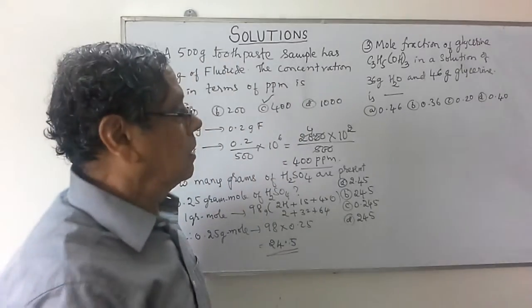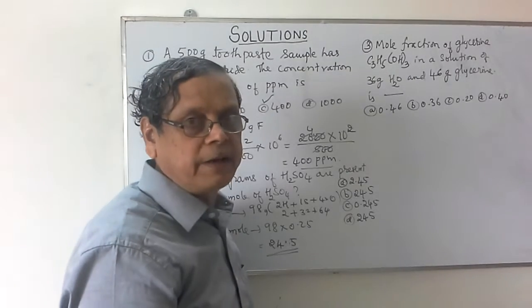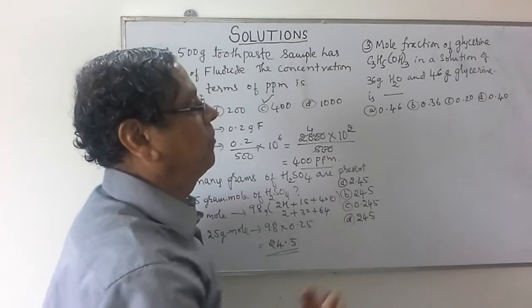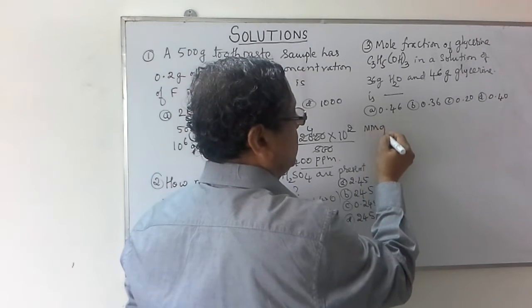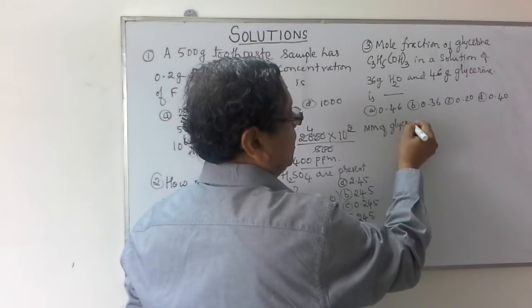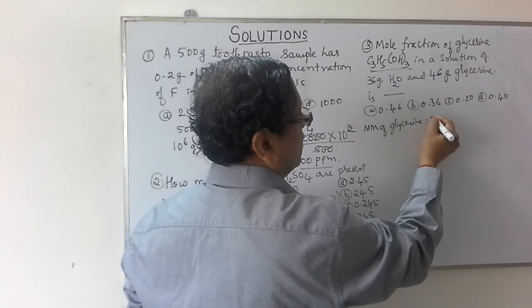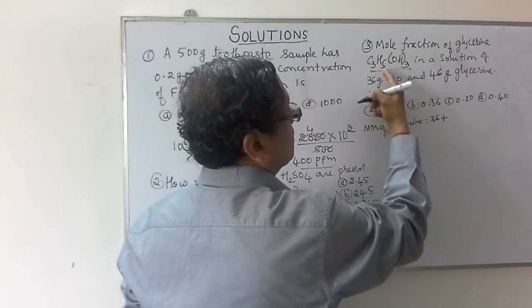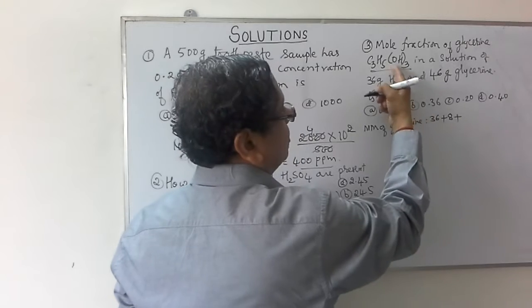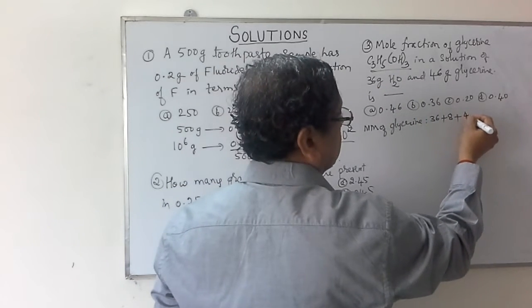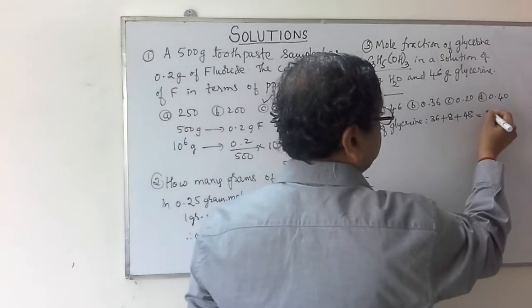So when you dissolve 46 grams of glycerin in 36 grams of water, what will be the mole fraction of glycerin? First you have to calculate the molecular mass of glycerin. There are 3 carbon atoms, therefore it is 36, plus 8 hydrogen atoms, therefore plus 8, plus 3 oxygen atoms, therefore 48. That is 56 plus 36, which is 92.